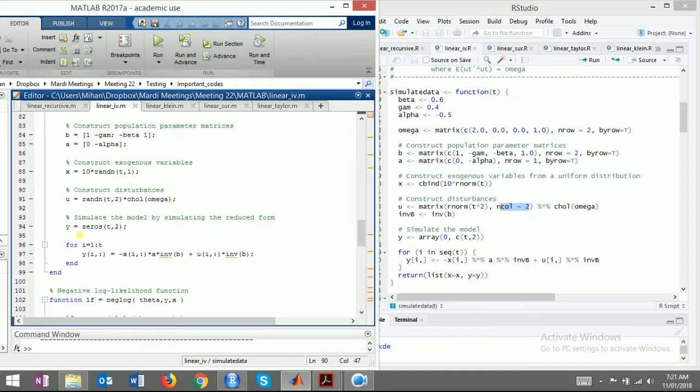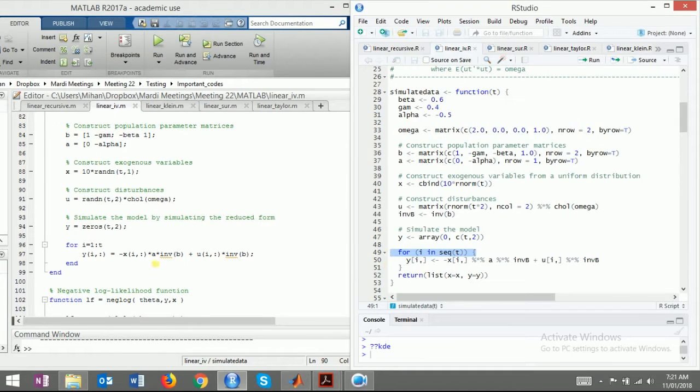For i in sequence 1 to t, y equals minus a inverse b times x plus u inverse b.